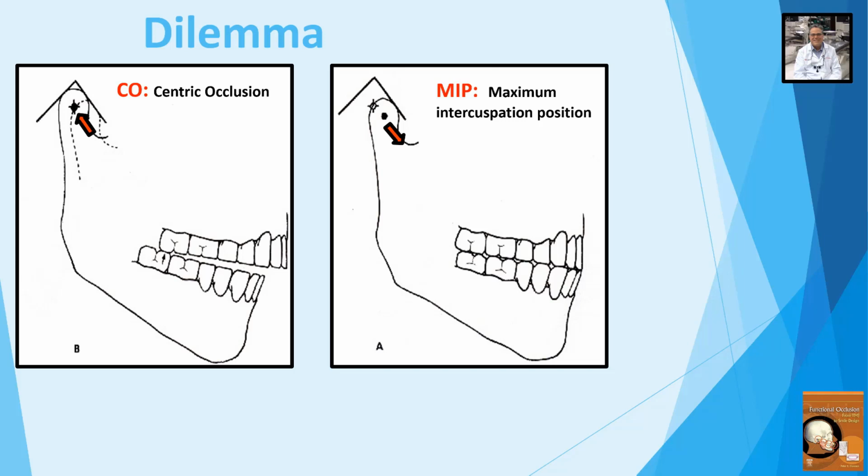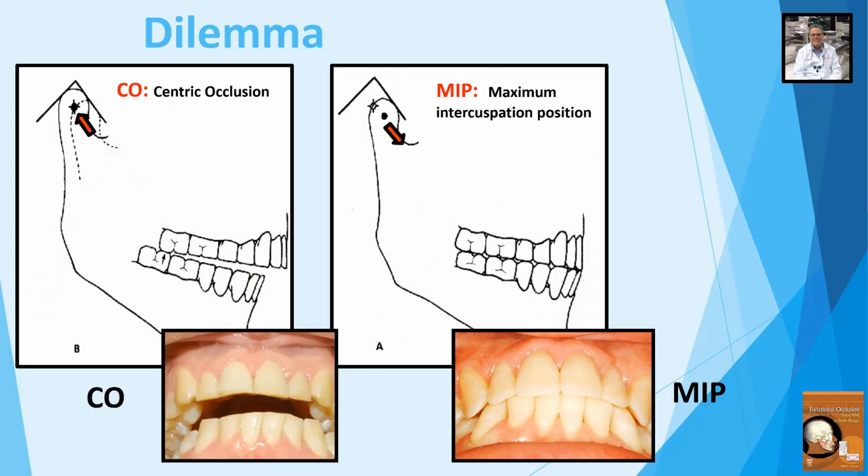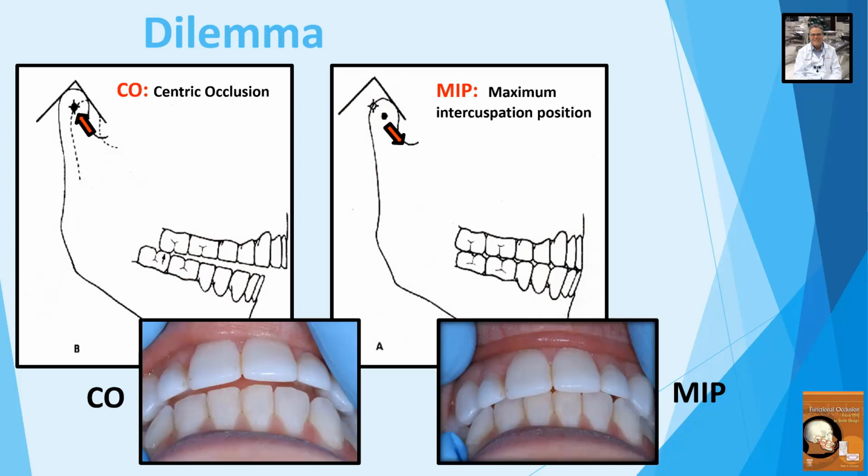And so what happens? The lateral pterygoid has to be contracted. If we look at a bite in MIP in the anterior and we have them squeeze, often they'll have contact like this. But if we stop them when they have first contact while the condyle is still seated, there will often be an opening. This is a very large opening and a very large discrepancy. And this is what's most commonly seen.